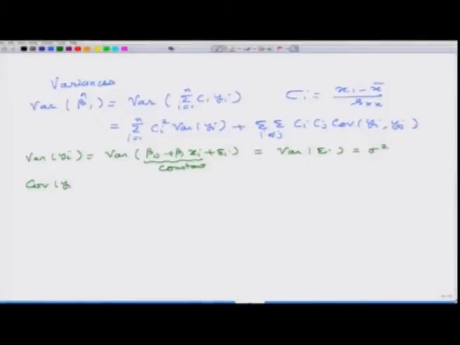And now the next question is, what is the covariance between y i and y j? Right. So this I can write as 0. Why? Because we have assumed that the epsilon i's are independent. So once the epsilon i's are independent, the y i's are also independent.